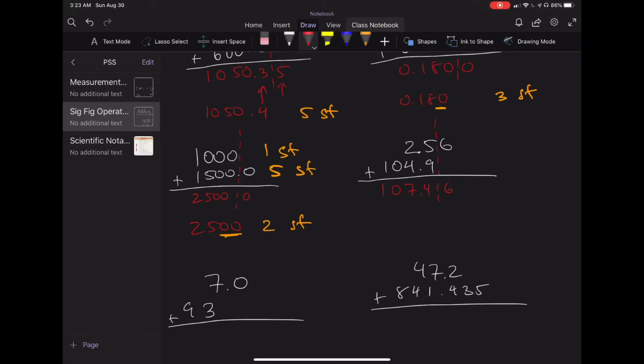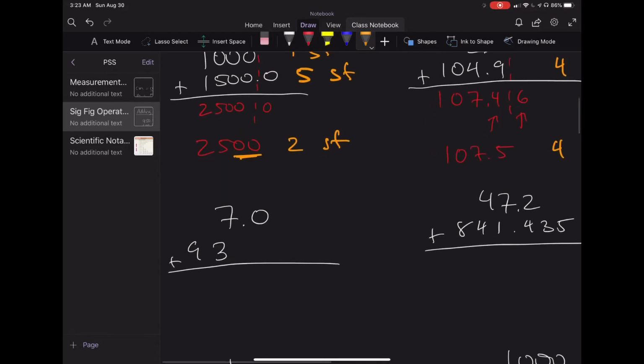That 6 is on the opposite side of the dotted line, so we're going to have to round. Since this is greater than 5, we're going to round this 4 up. So our final answer would be 107.5. The 2.56 had 3 sig figs. The 104.9 had 4 sig figs. And our final answer ended up with 4 sig figs.